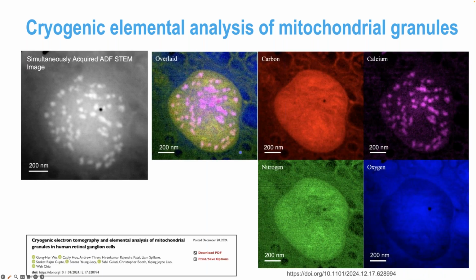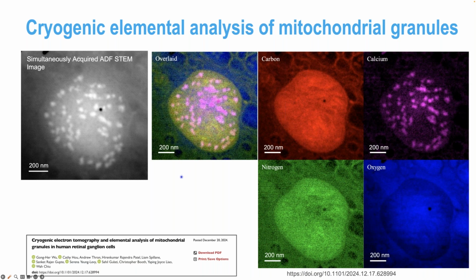We do the dose fractionation series, some post drift refinement, and collapse, keeping just the good frames. We obviously don't keep the full 15 and all the holes, and then do our EELS mapping from the summed and cropped data. Okay, so we've got the carbon map, nitrogen, oxygen, calcium, and then a nice RGB composite.